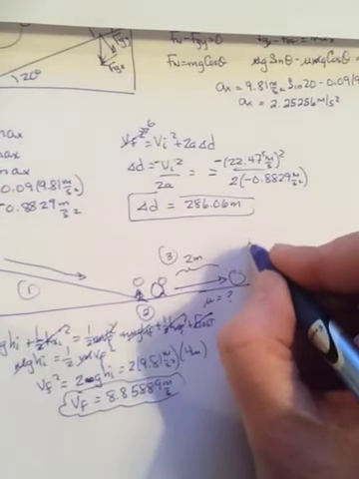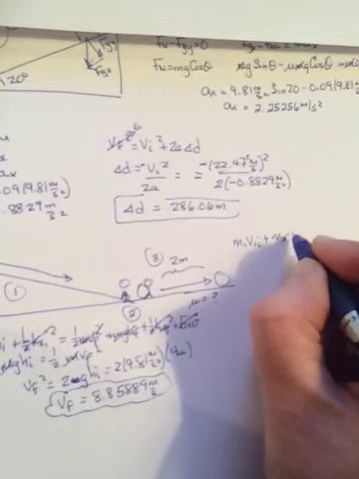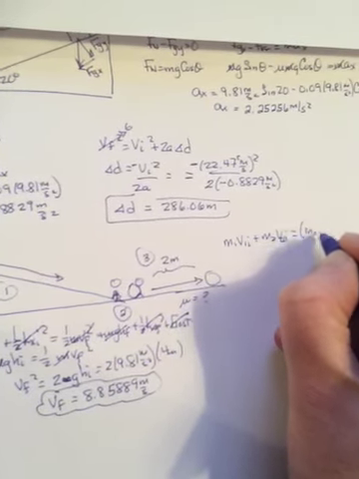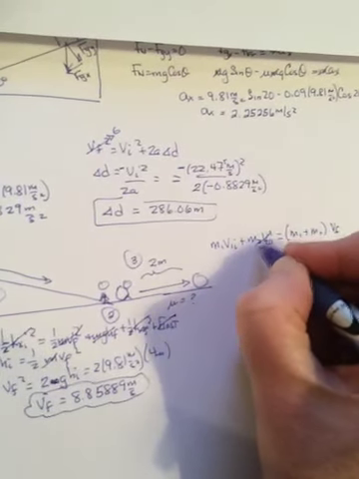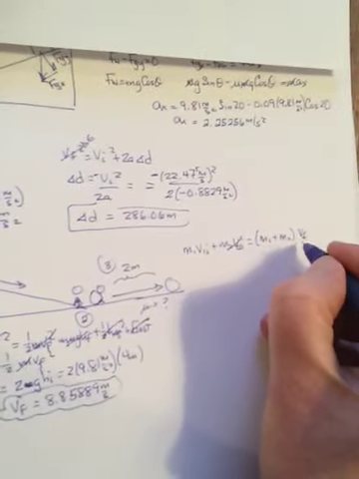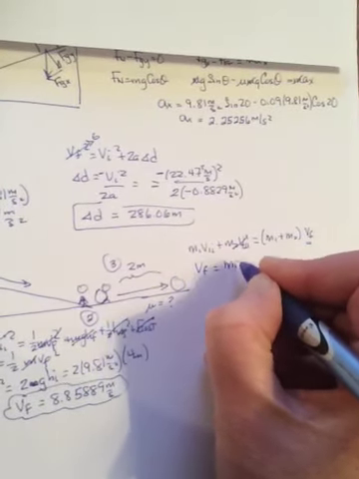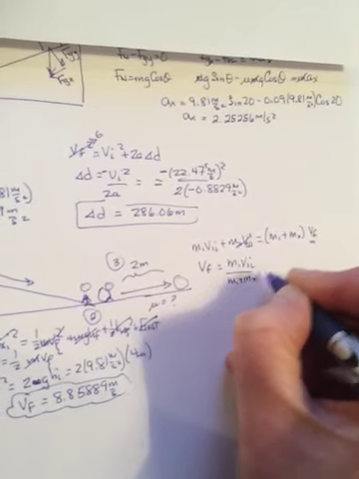So momentum. So m1v1 initial, m2v2 initial equals m1 plus m2 times v final. I think my pen's dying. Throckmorton isn't moving initially, and we're looking for the final. So v final equals m1v1 initial over m1 plus m2.